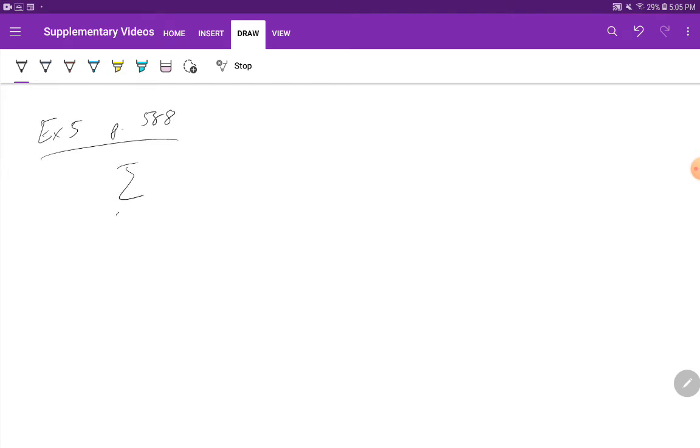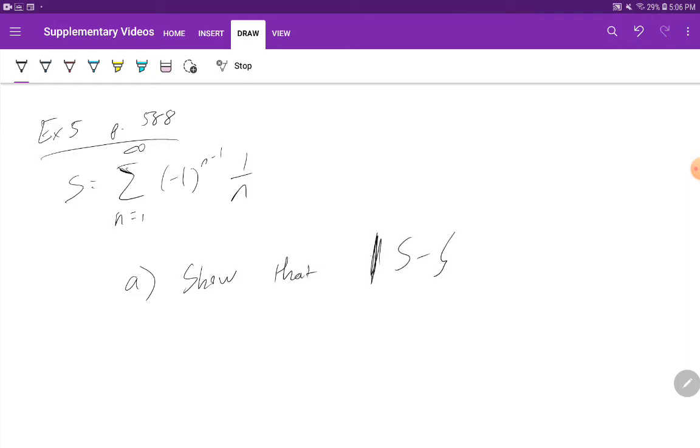The series they give you is alternating, obviously, and it's the same one as before. This converges conditionally, right? I explained in class what conditional convergence means. It asks to show that the actual sum minus the 6th partial sum is less than 1/7.